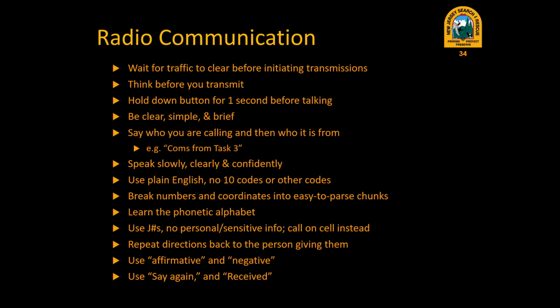So we use words such as affirmative and negative instead of yes and no. We also use say again when we want somebody to repeat something, and we say received instead of 10-4 or any 10 codes to let them know that you have received the communication.